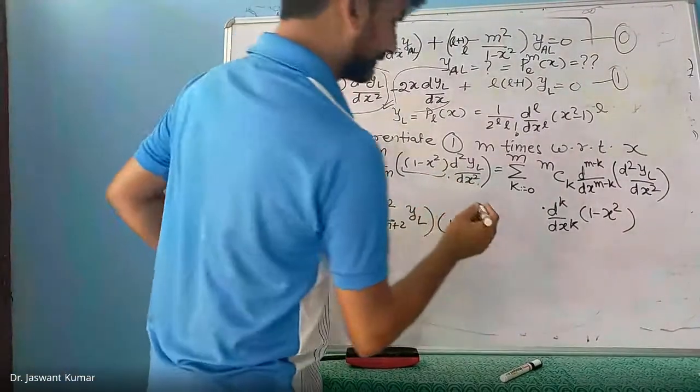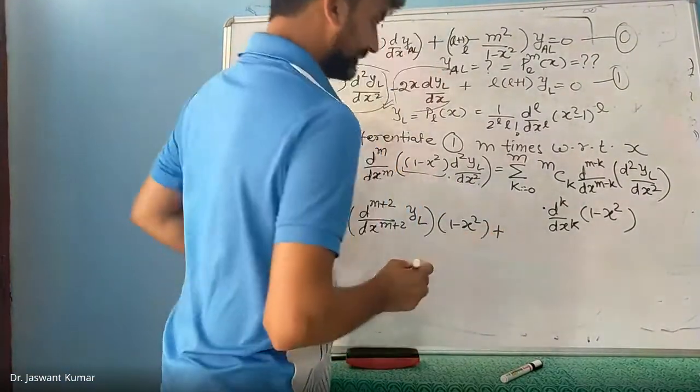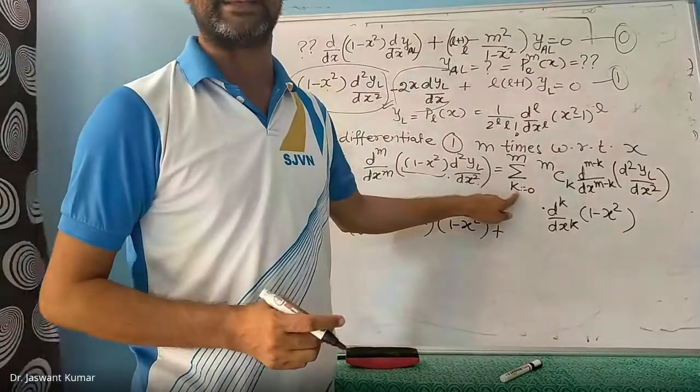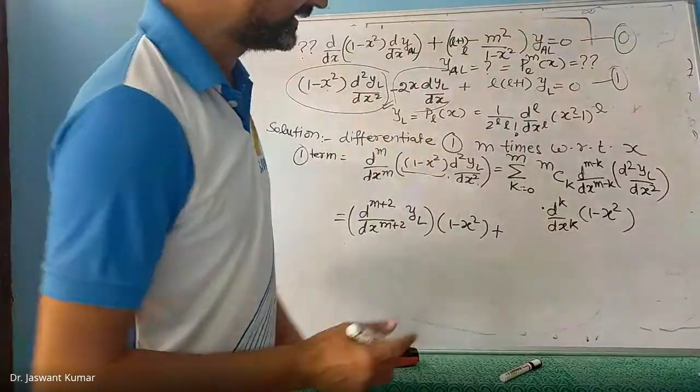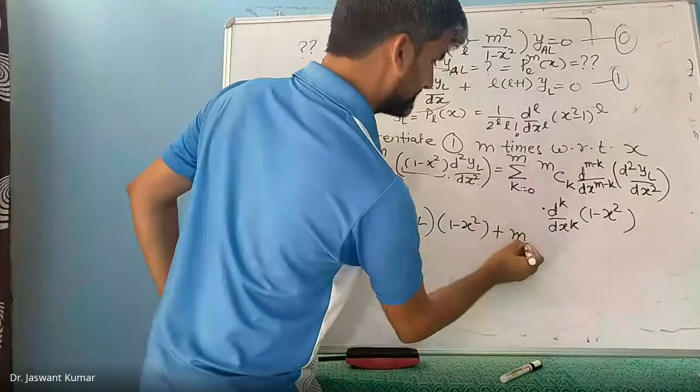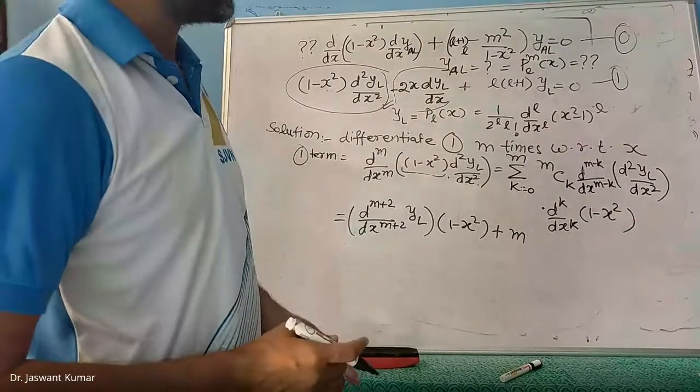Then the second part will be plus the k equal to 1 term. What is mC1? mC1 is equal to m.